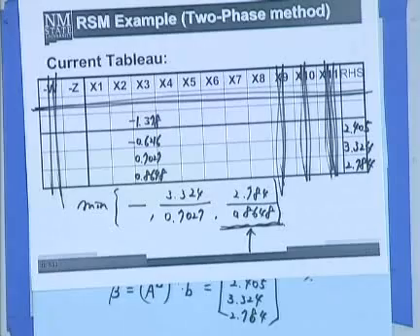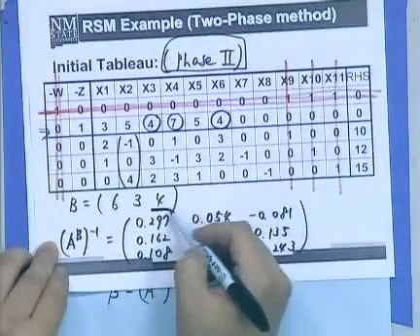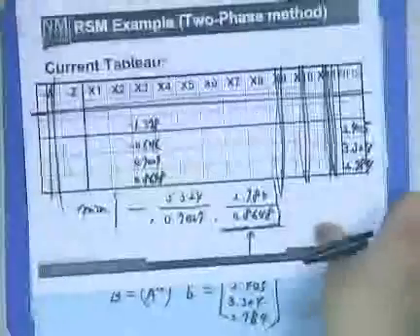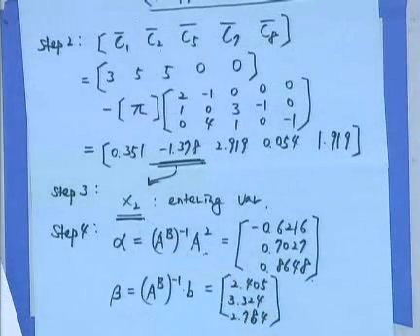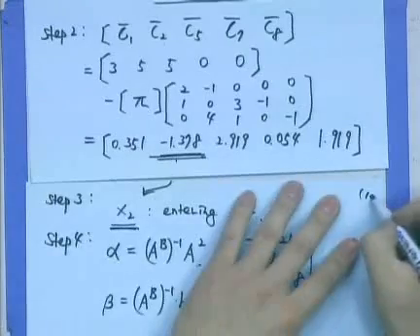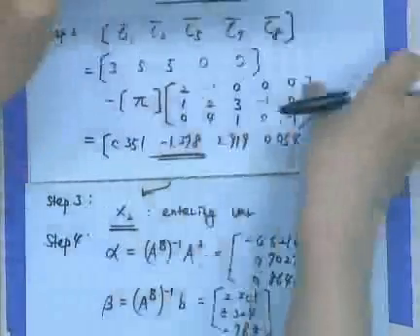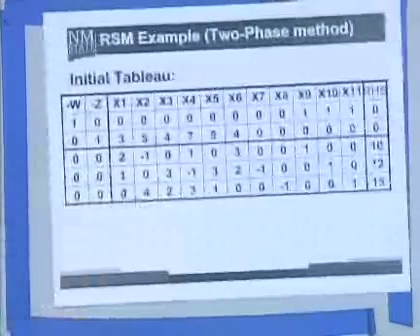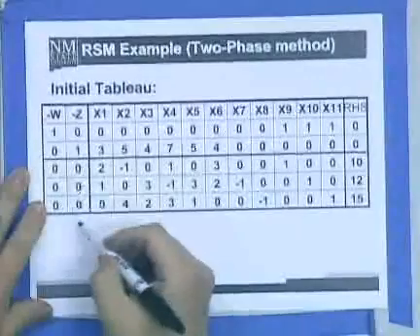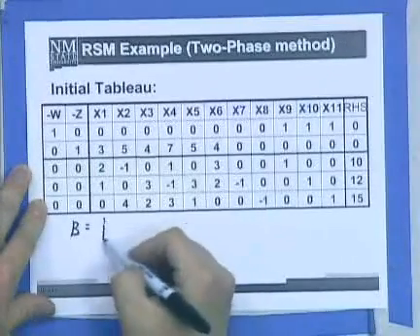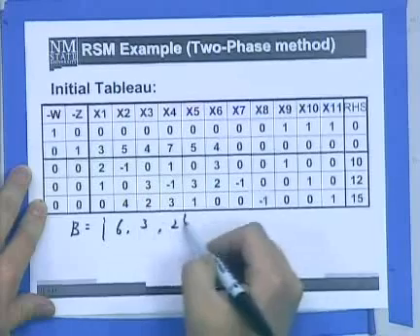This means the third basic variable, which is the x4 variable, will be replaced by the entering variable. What is the entering variable? Which is the x2 variable, right? So the new basis is 6, 3, 2, right?